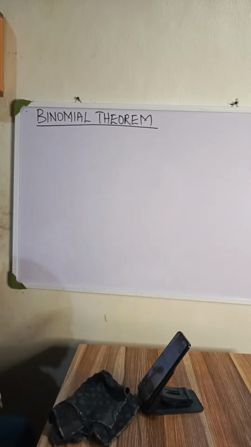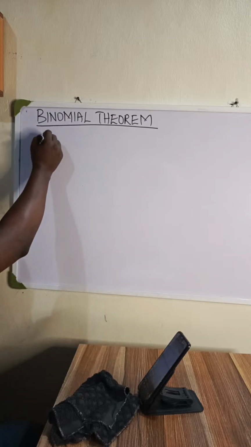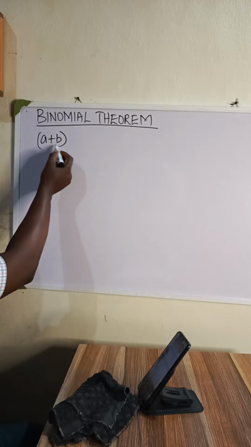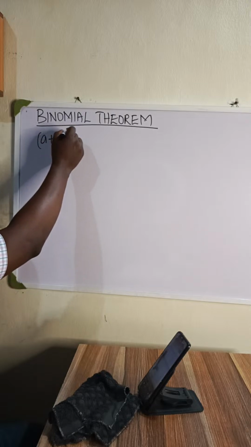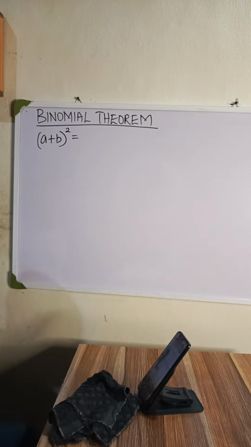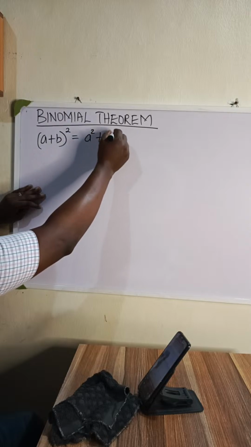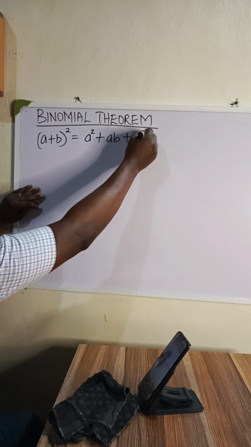So we are looking at a plus b. We saw that when a plus b is to the power of 2, we had a squared plus 2ab plus b squared.